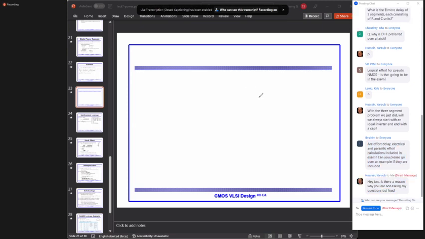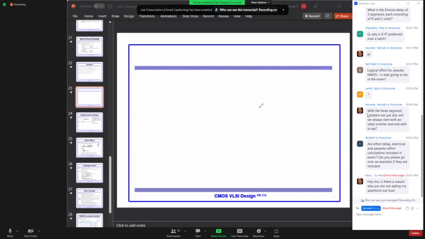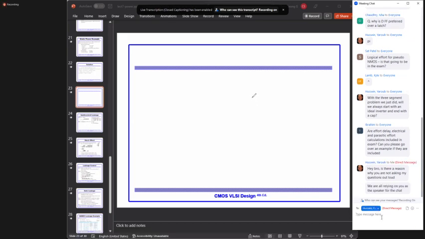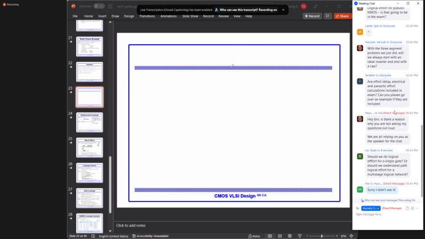Yes, you're liable for figuring out parasitic effort, electrical effort, probably for some silly static gate. And there are plenty of examples in the slide set, so I'm going to skip the examples here.